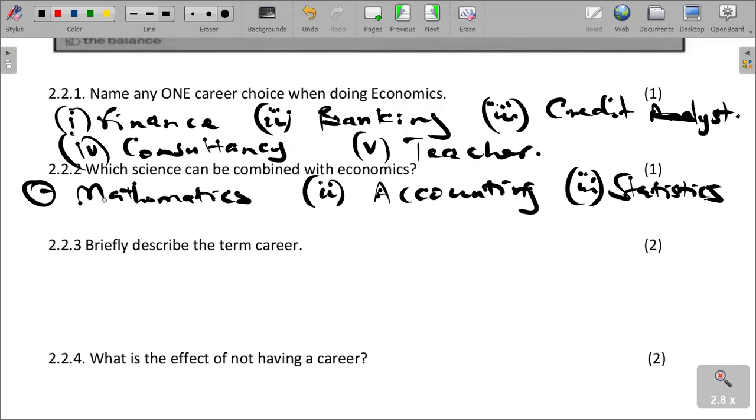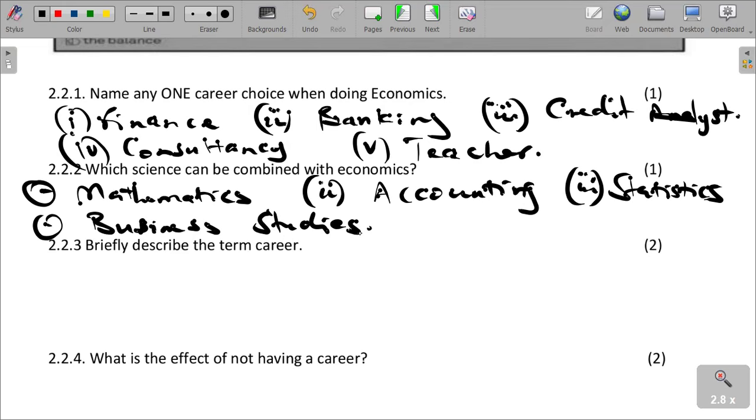That can also be business studies. It can also be combined with business studies. We are saying these subjects, they can all fit to work together with economics.